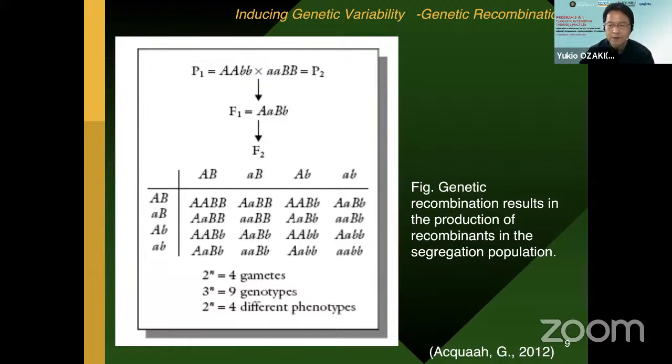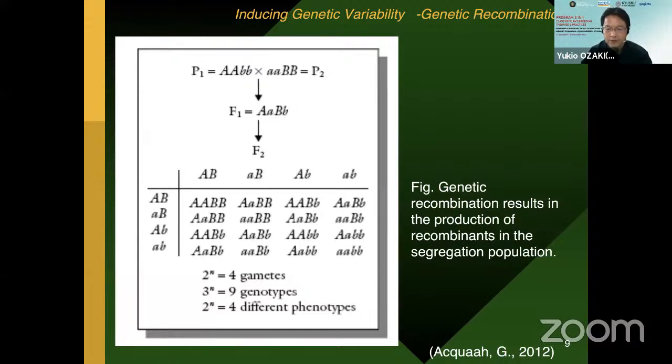The larger the number of pairs of allelic genes by which the parents differ, the greater the new variability that will be generated. Representing the number of different allelic pairs by n, the number of gametes produced is 2 to the n, and the number of genotypes produced in the F2 following random mating is 3 to the n, with 2 to the n phenotypes, assuming complete dominance.